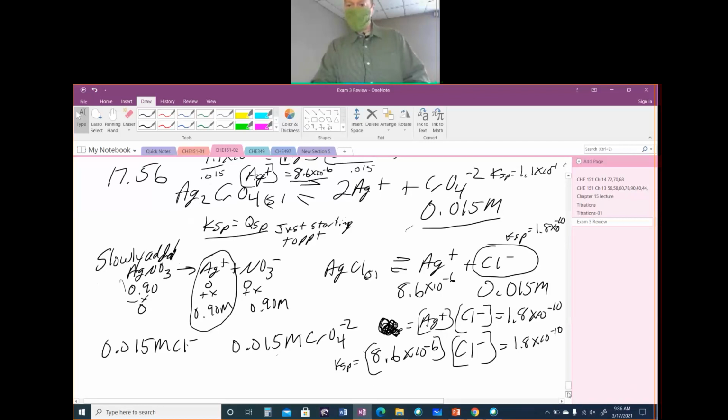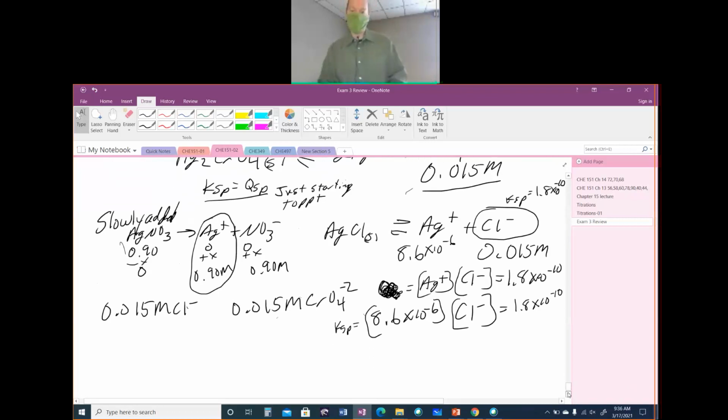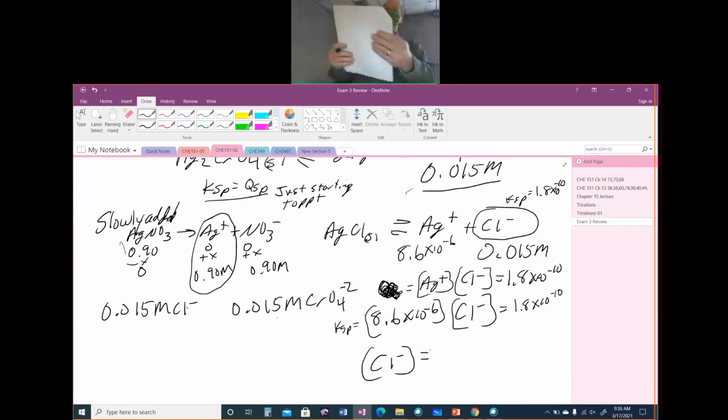And when you divide both sides by your 8.6 times 10 to the minus 6, you get your Cl minus concentration. And your Cl minus concentration is 2.1 times 10 to the minus 5.